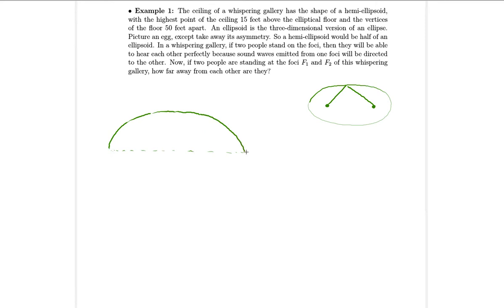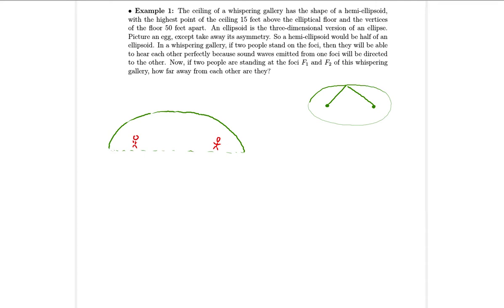They're saying we put a person here and a person here, at the foci, and they should be able to talk to each other really quietly, but the sound waves will bounce to the other person so perfectly that they'll be able to hear each other.